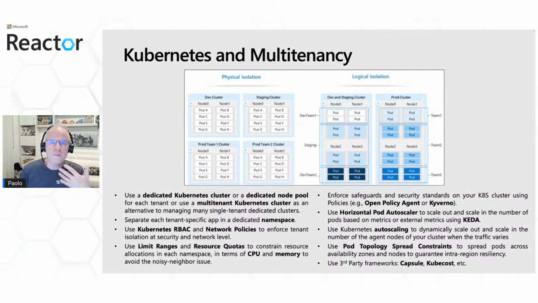But in order to enforce default limits, you can also use limit ranges, or you can use resource quotas so that you can enforce limits in terms of CPU and memory at the namespace level. This way, you are guaranteed that no tenant can consume all of the system resources in terms of CPU and memory from the shared cluster.